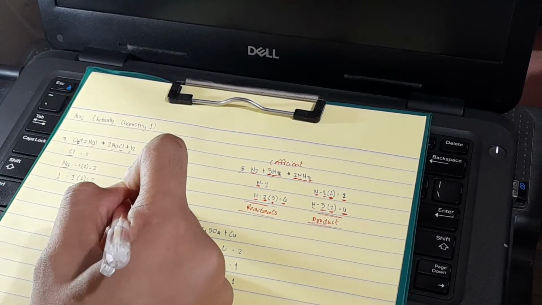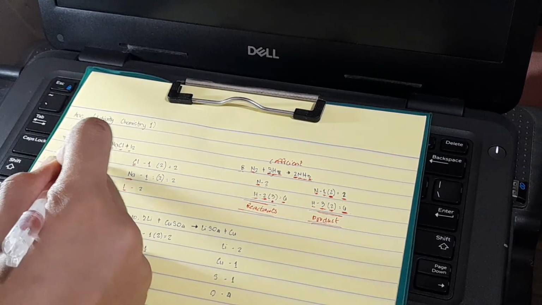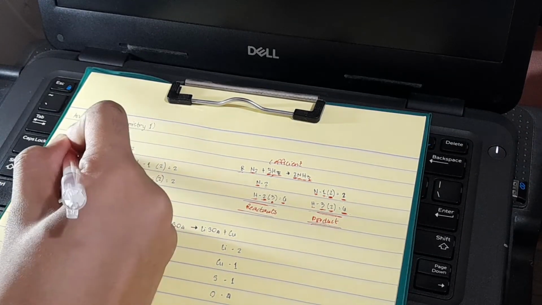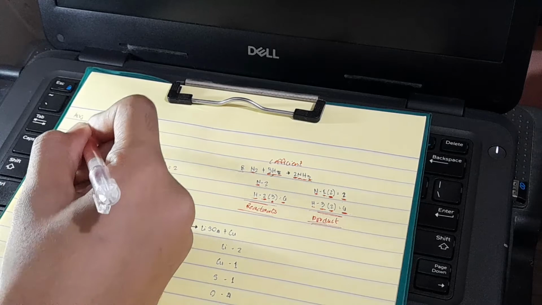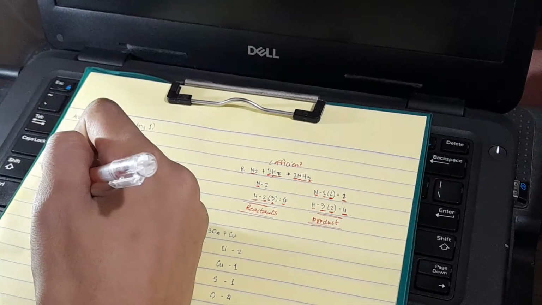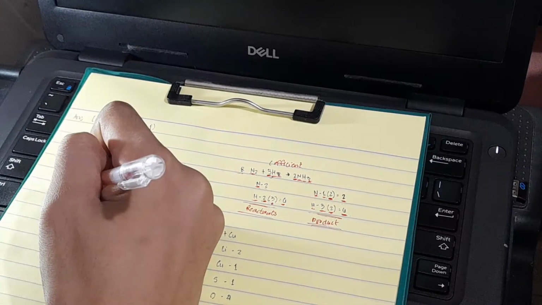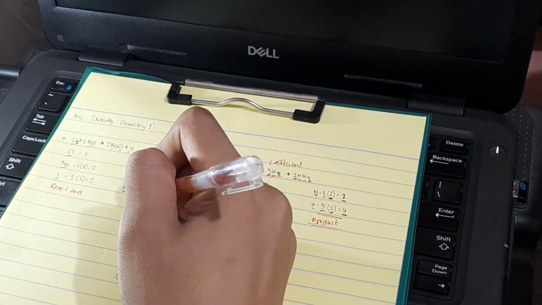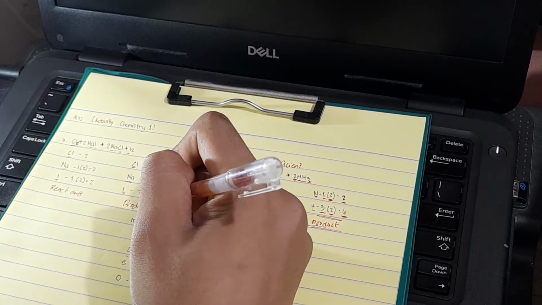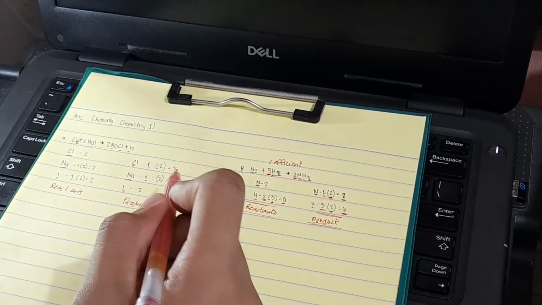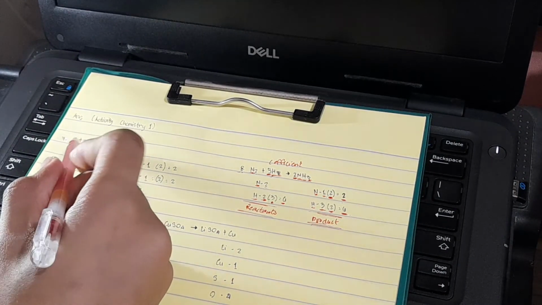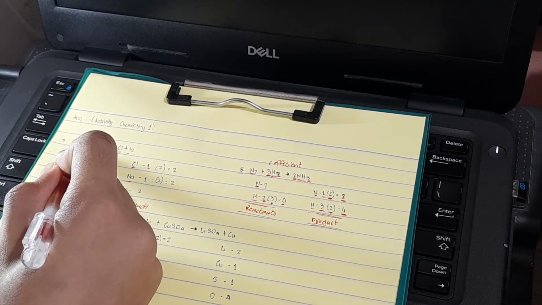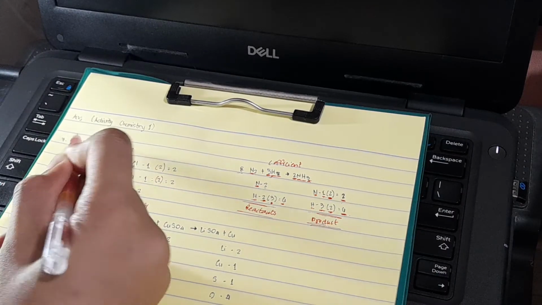Always remember that they should be in the same position. Of course, all symbols here will automatically be reactants. And of course, on the other side, products. All you need to do is copy and paste all the symbols and the number beside each.